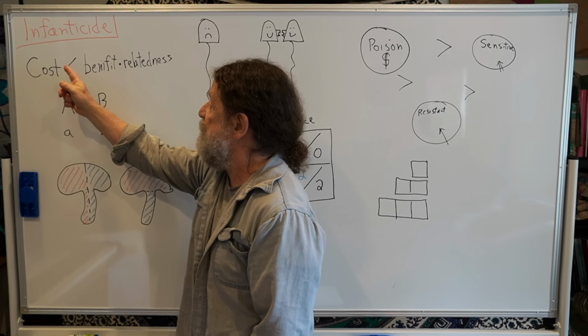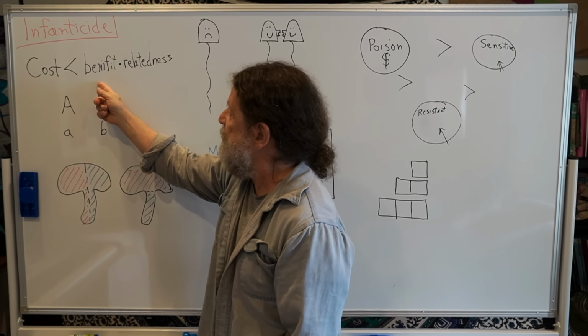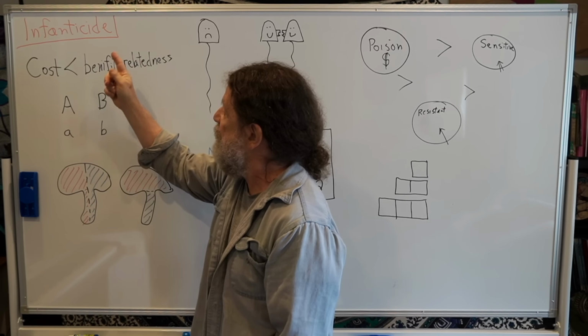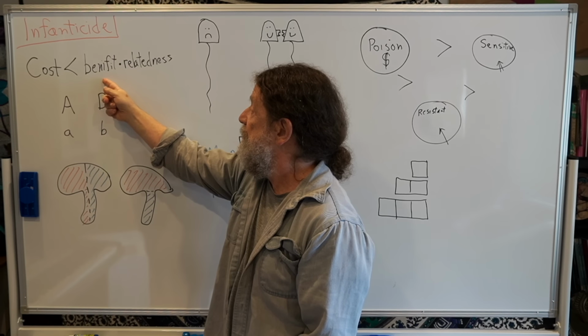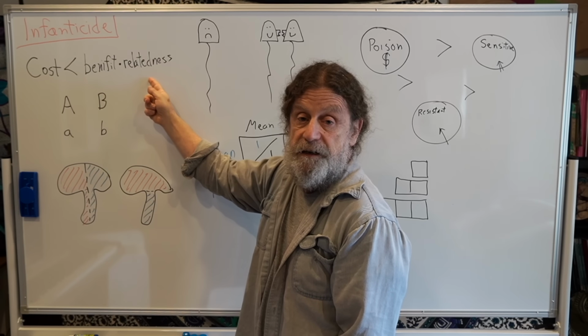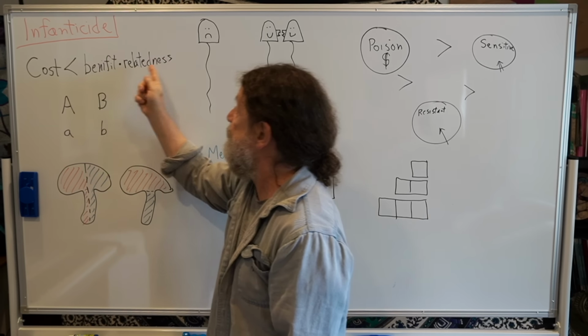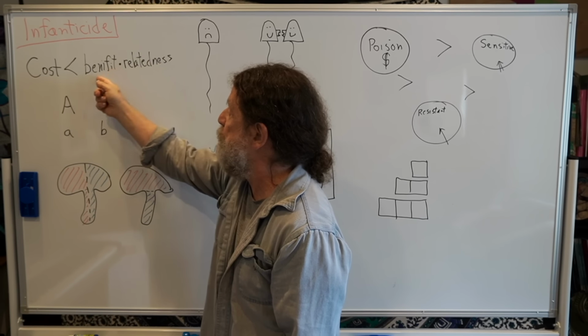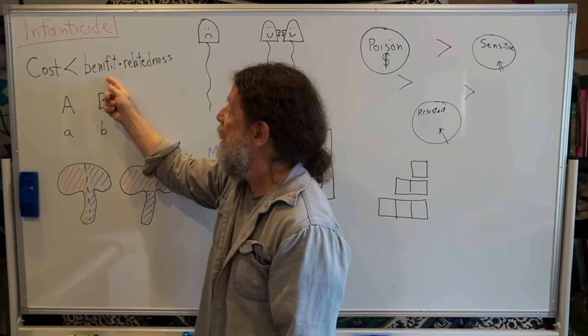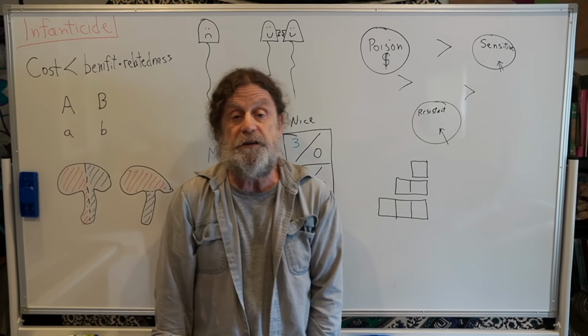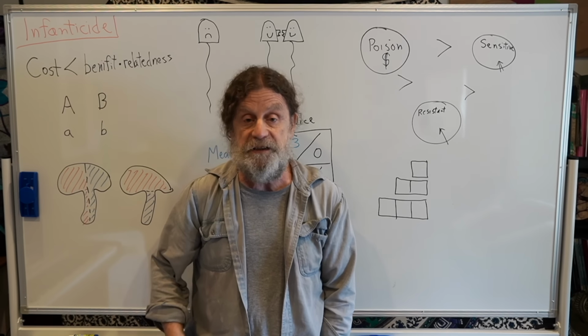As long as the cost is less than the benefit to this relative times their degree of relatedness, such that a full sibling is going to count for a whole lot more than a 14th cousin, all of that, as long as the benefit times that relatedness comes out to more than the cost to you, it makes sense to help them.